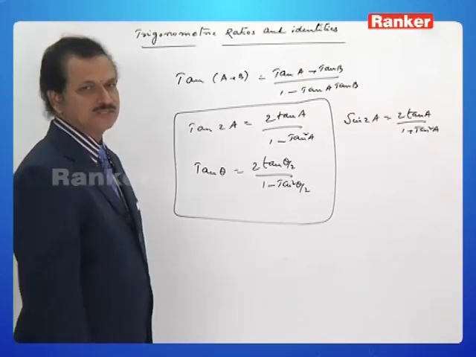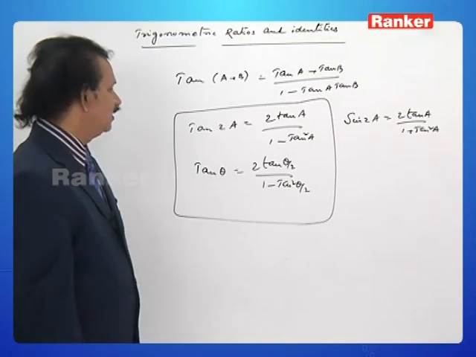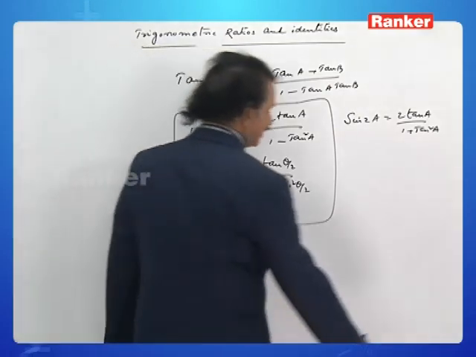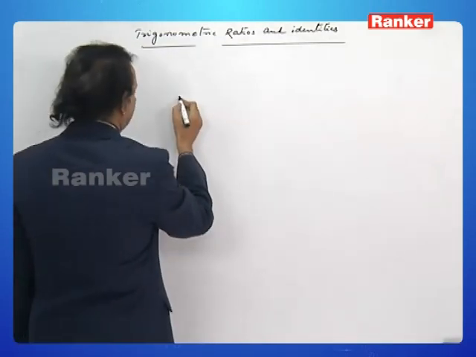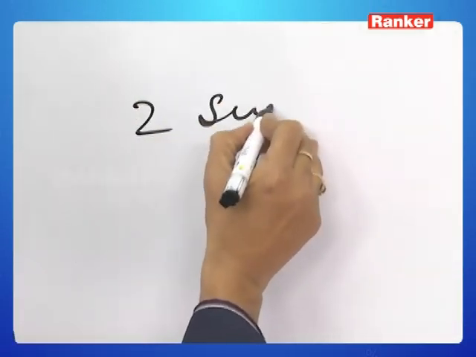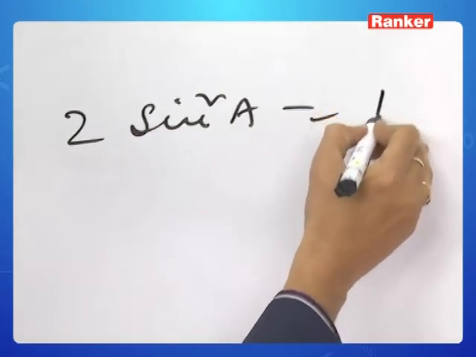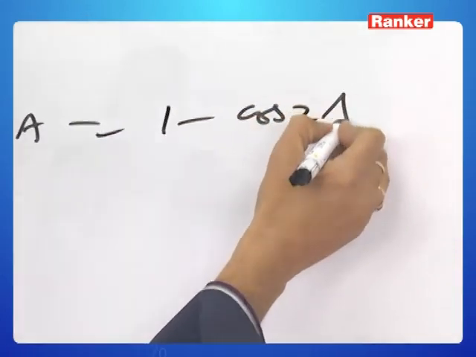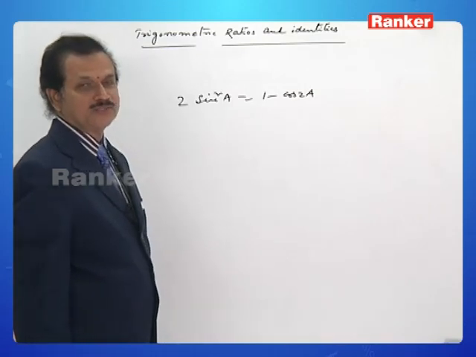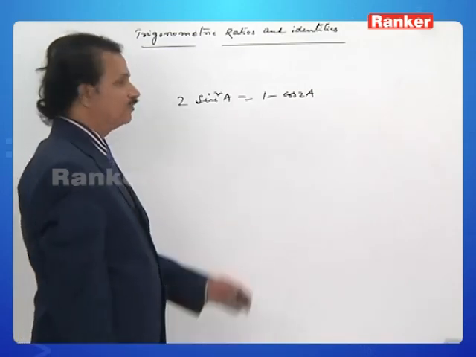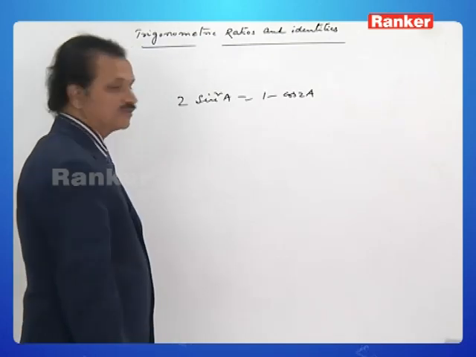Okay, another special formula regarding these tan theta and tan 2 theta is there. We shall look at that. We know that 2 sin square a is equal to 1 minus cos 2a. Why and how? We know that cos 2a is equal to 1 minus 2 sin square a. So 2 sin square a is equal to 1 minus cos 2a.